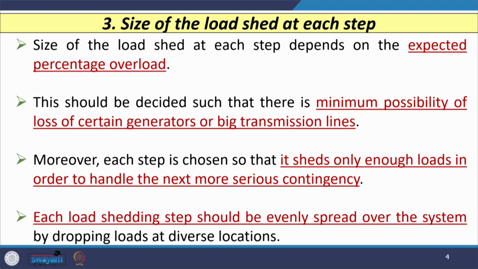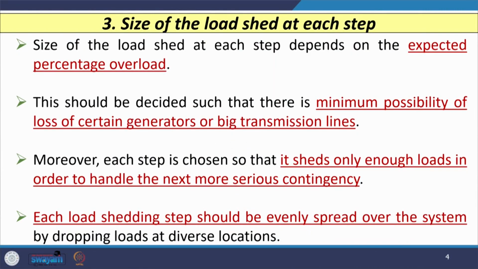Moreover, in each step the load shed should be capable of handling the next severe contingency if it occurs.